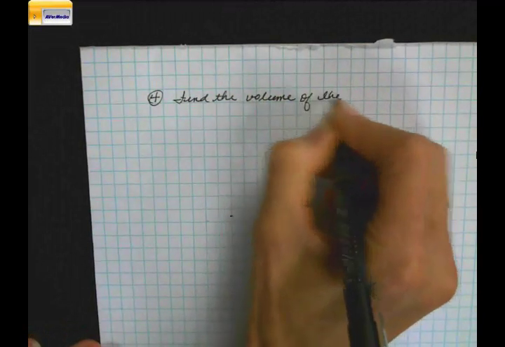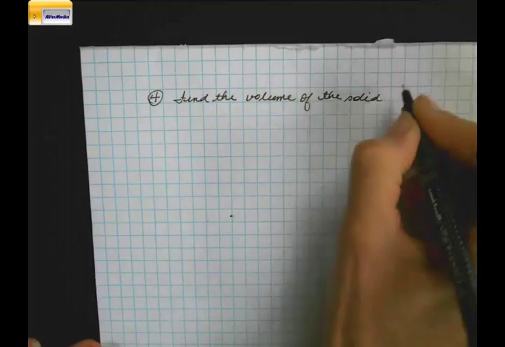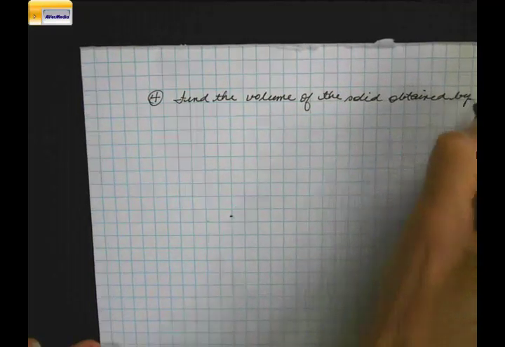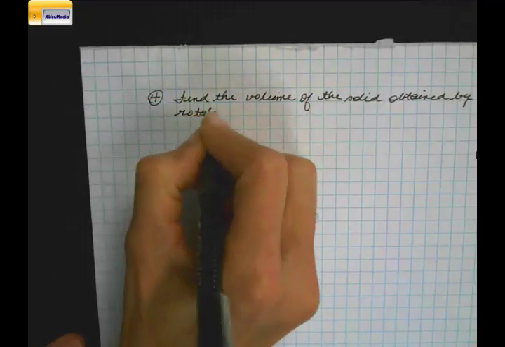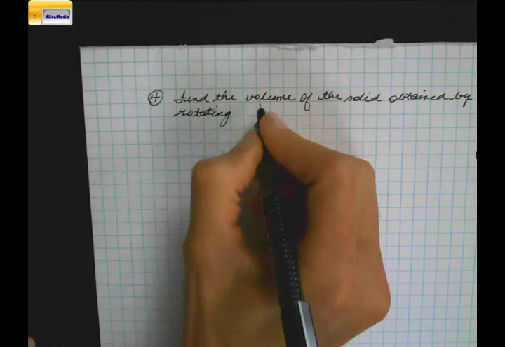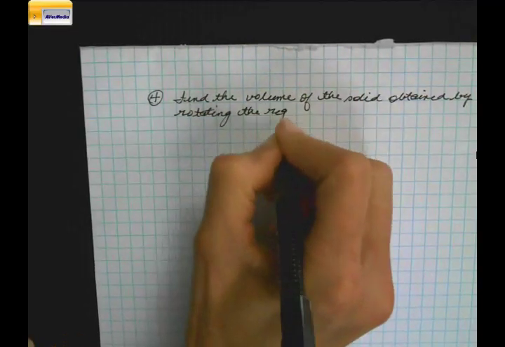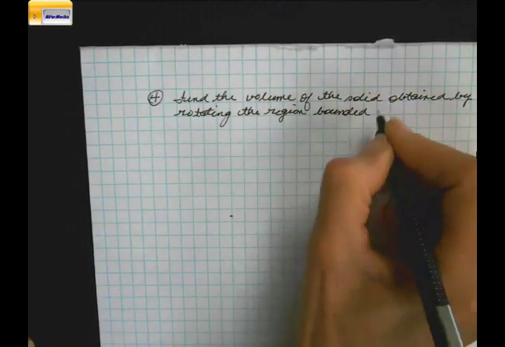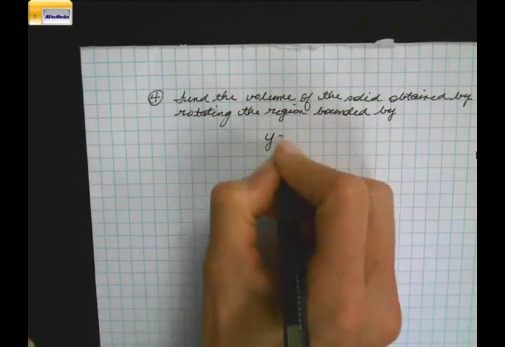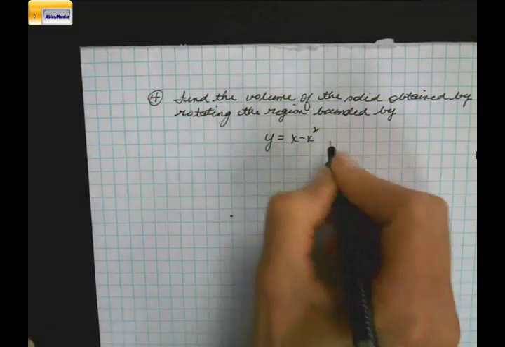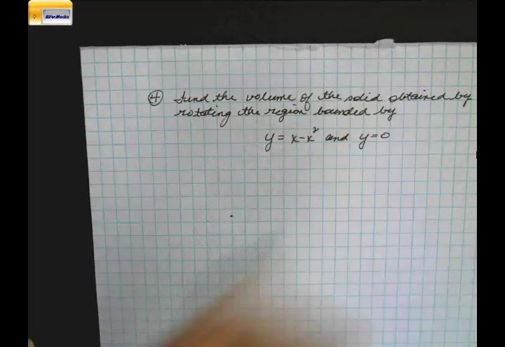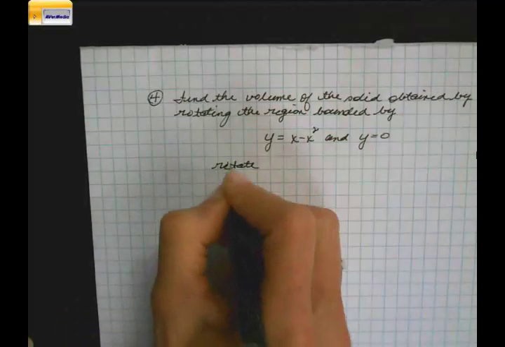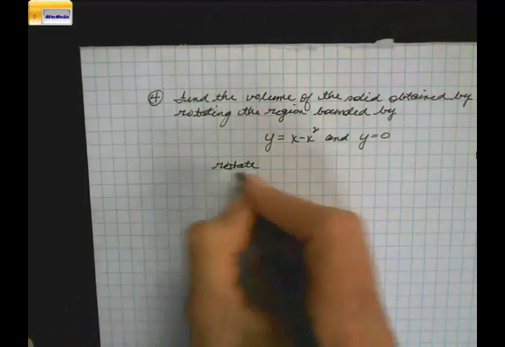Find the volume of the solid obtained by rotating the region bounded by y equals x minus x squared and y equals 0, rotated about, and they don't ever write the word rotate again, but when you see the word about, that's where you're rotating.